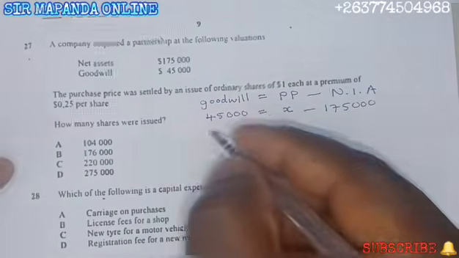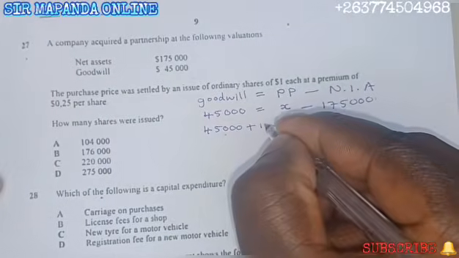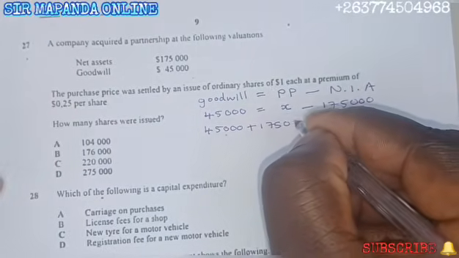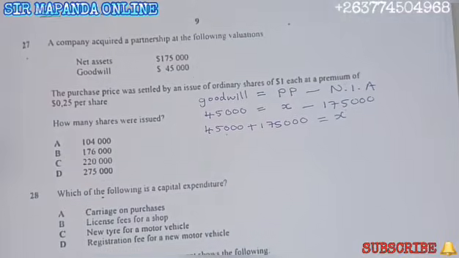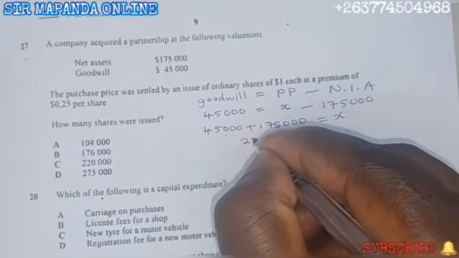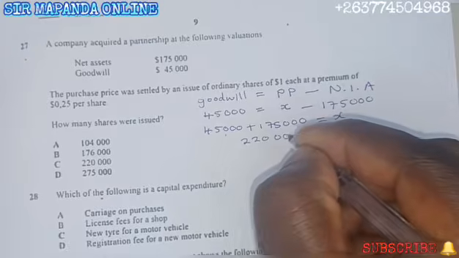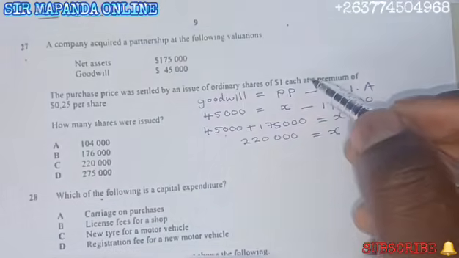Moving 175,000 to the left, you get 45,000 plus 175,000, so as to make X the subject. 45 plus 175, you get 220,000. So 220,000 is the purchase consideration.